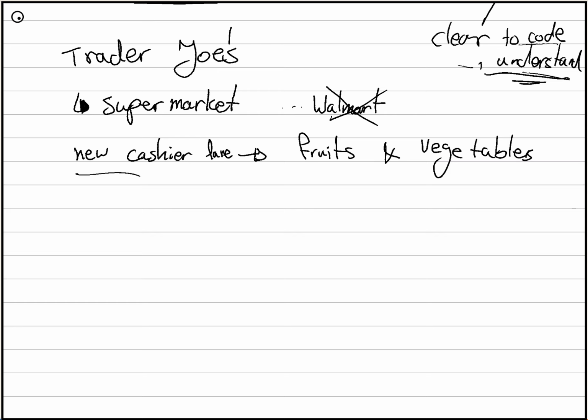Okay. So in order to program this new cashier lane, we have to know information about fruits and vegetables. So we want to have separate information. Fruits typically have a count, right?